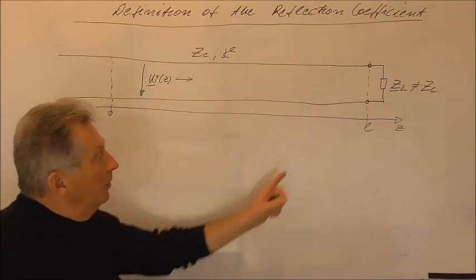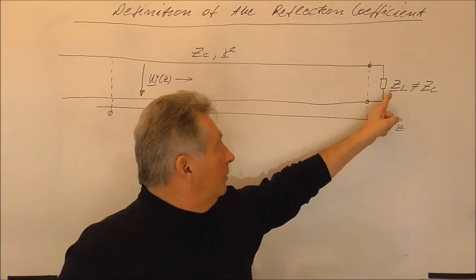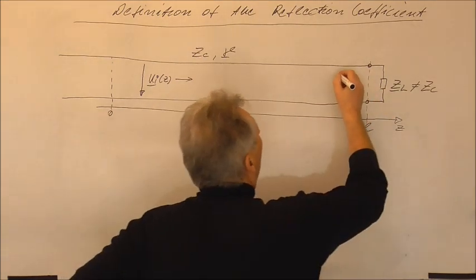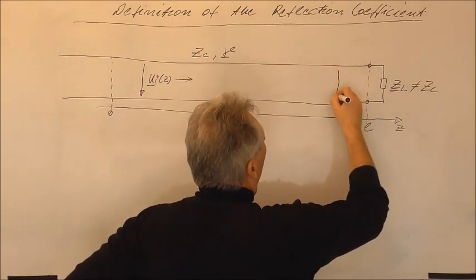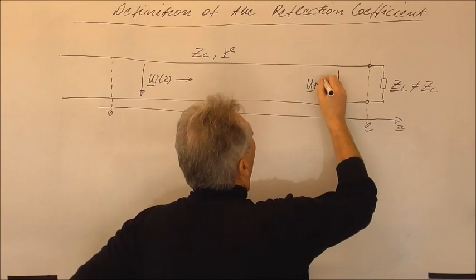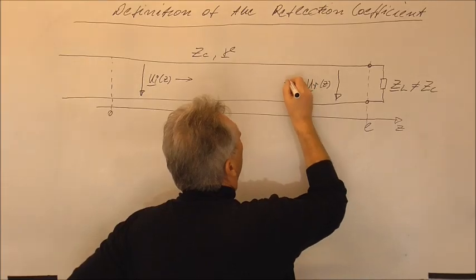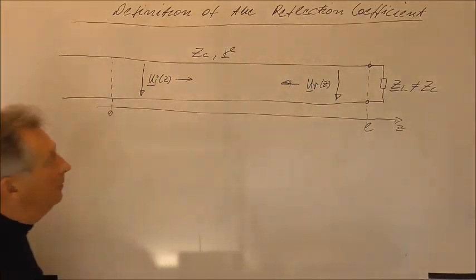But since the load impedance is not equal to the characteristic impedance, we will also have a voltage wave, I will call the reverse traveling voltage UR of z, which will travel down the transmission line here.